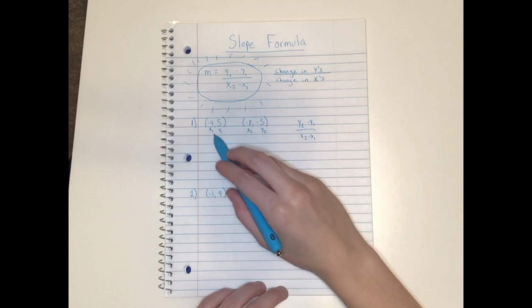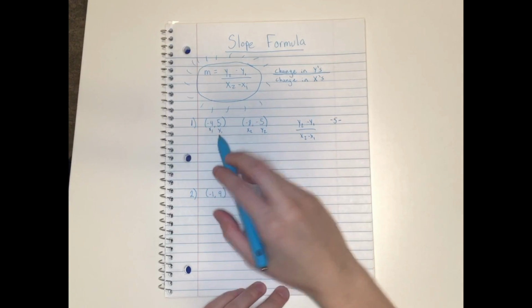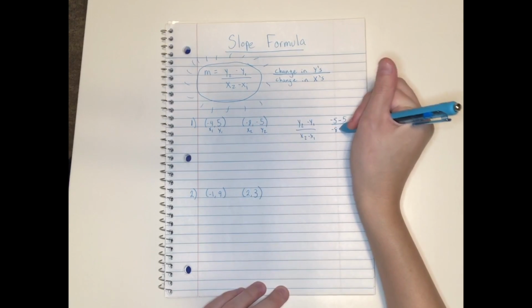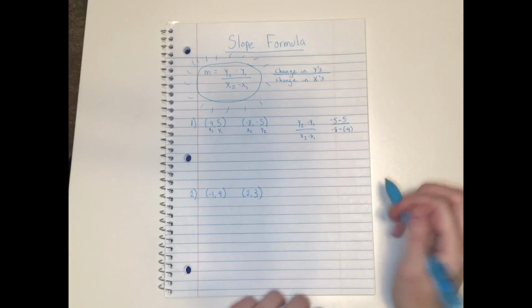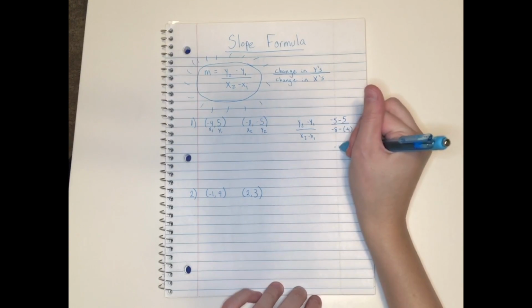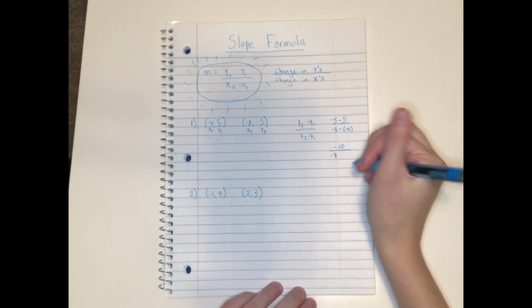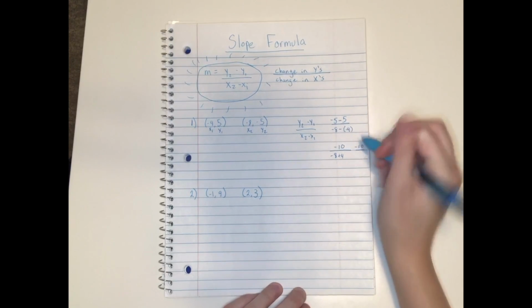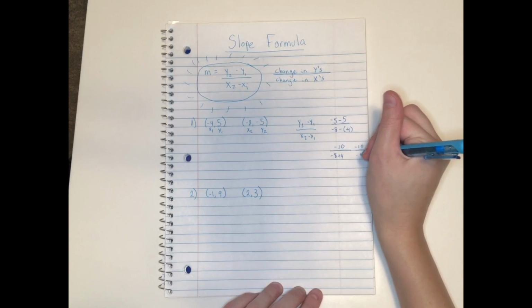So y2 is negative 5 minus 5 over x2 is negative 8 minus, in parentheses, negative 4 (x1 = -4). So negative 5 minus 5 is negative 10 over negative 8. When you minus negative 4, it becomes plus 4. Then we have negative 10 over negative 8 plus 4 is negative 4.